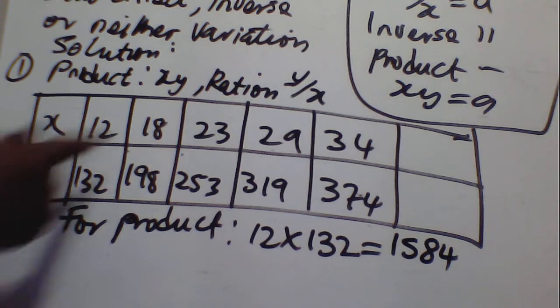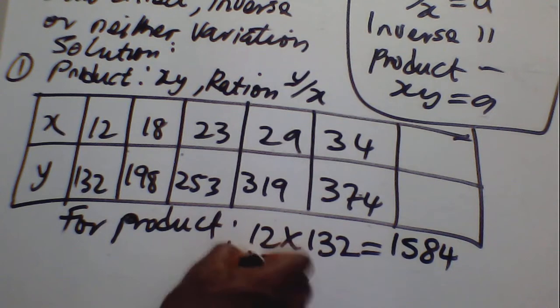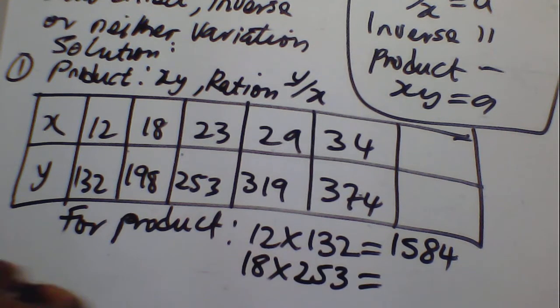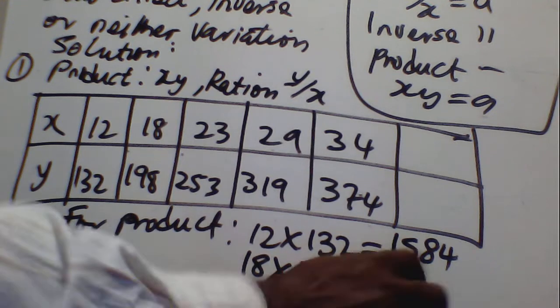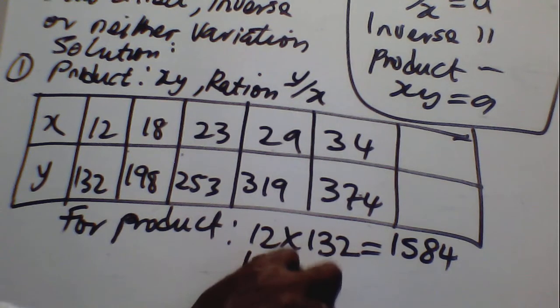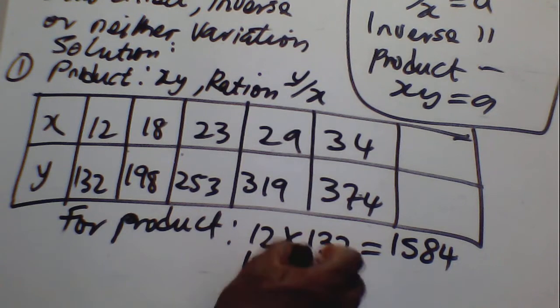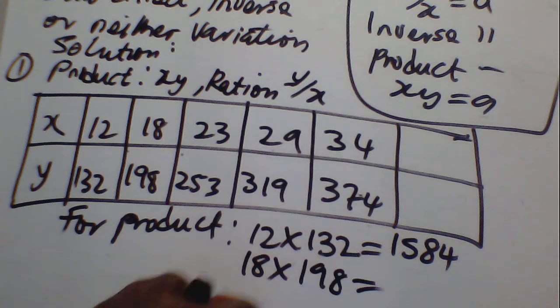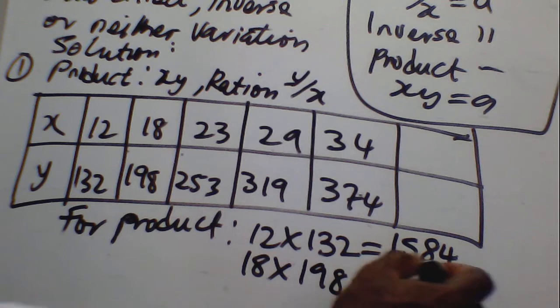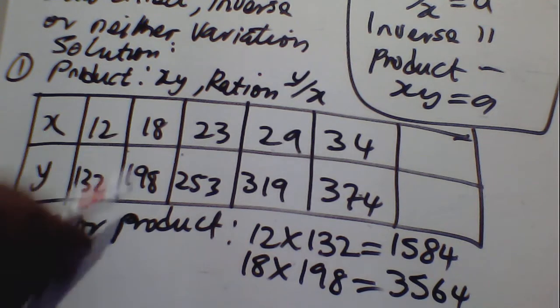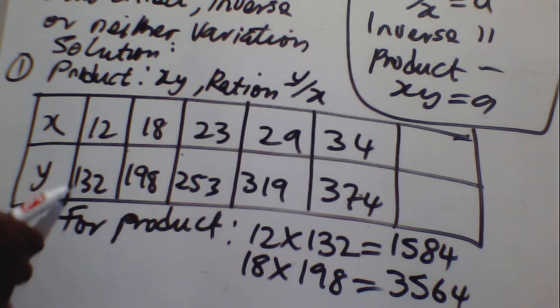So do the second one: 18 times 198 will give us 3,564.